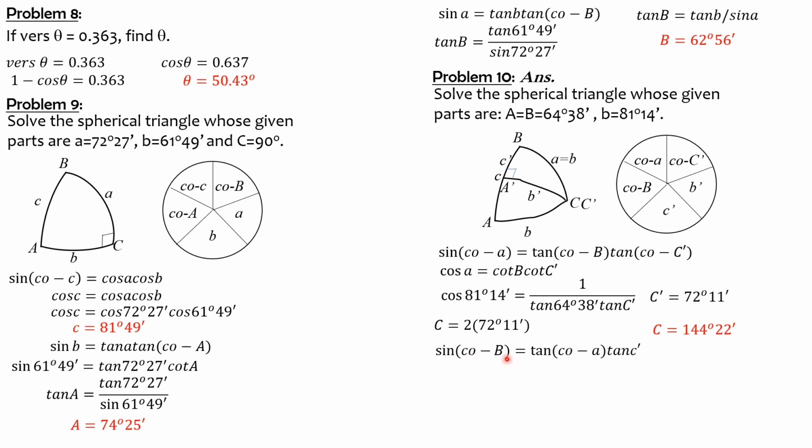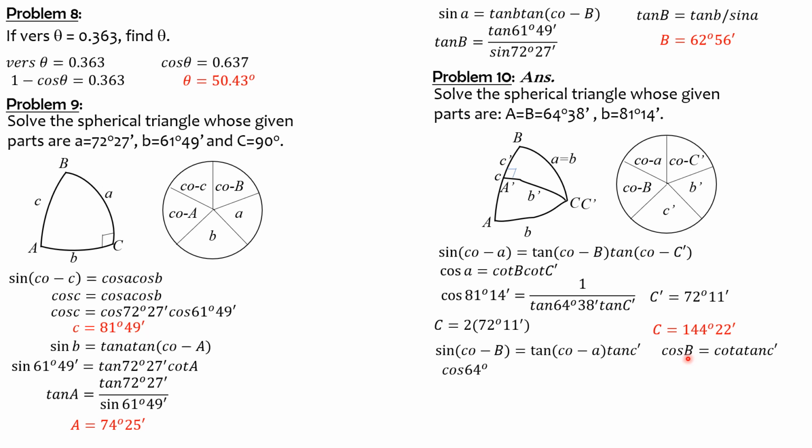This is cosine of angle B. This is cotangent of side A, then times tangent of C prime. So take note that cotangent of A is also 1 over tangent, but you just use your calculator.